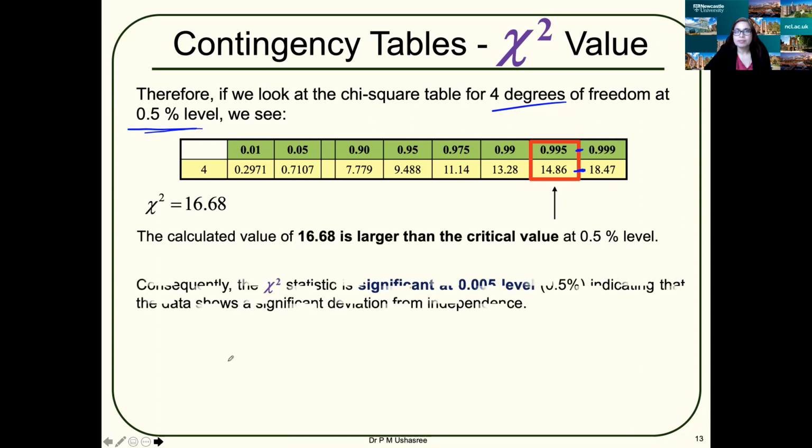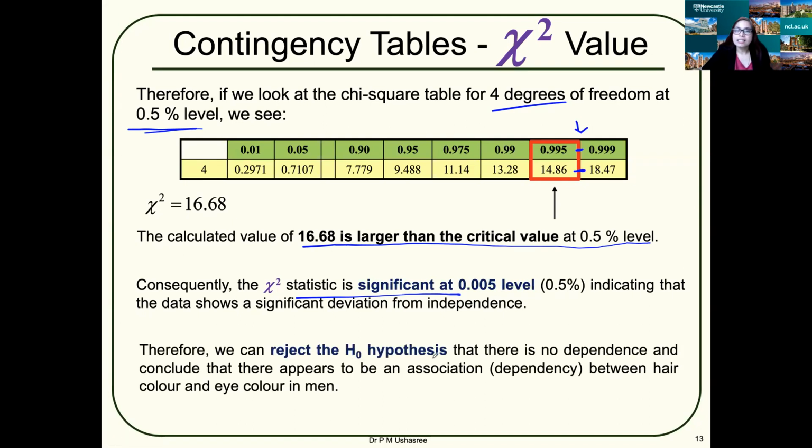So 16.68 is larger than the critical value at the 0.5% level, which clearly means that our chi-square statistic is significant at this level, indicating that the data shows a significant deviation from independence. So you can reject the null hypothesis, that is, there is no dependence.